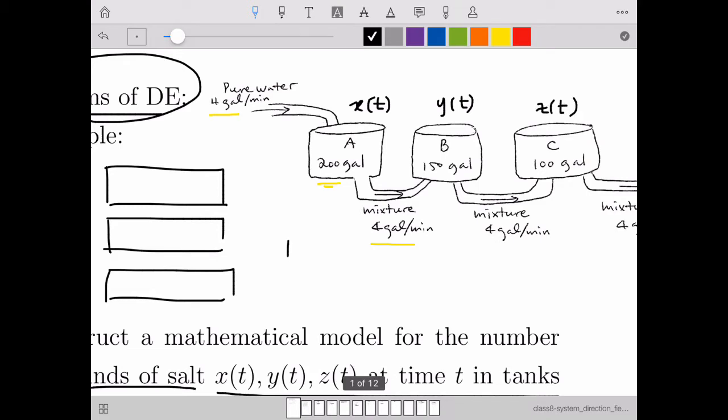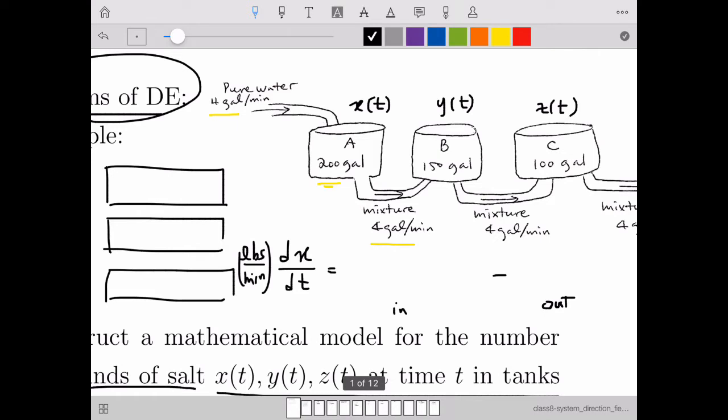The rate of change of pounds of salt per minute is rate in minus rate out.